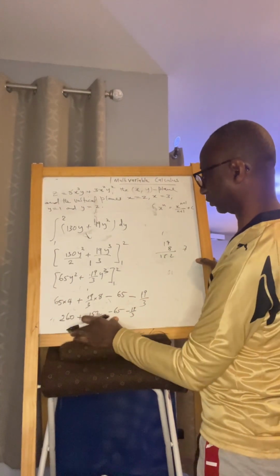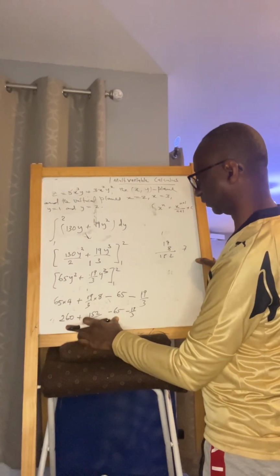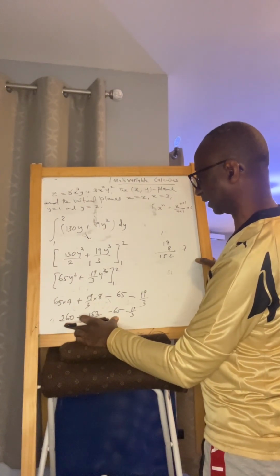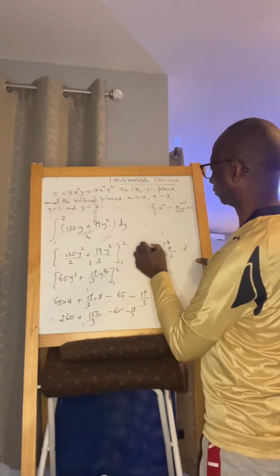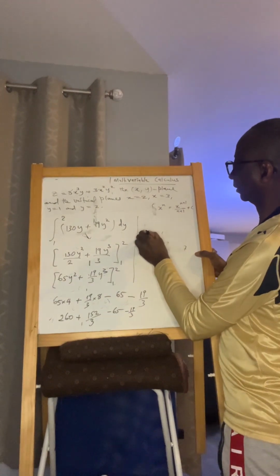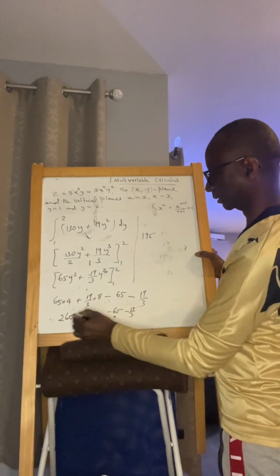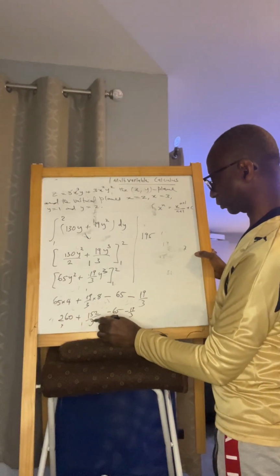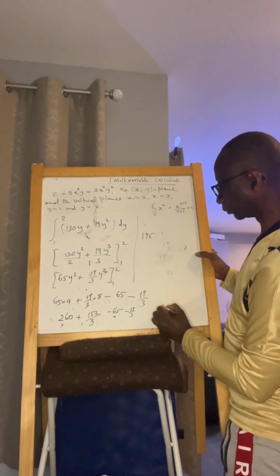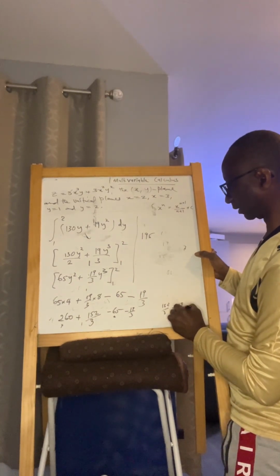So we can bring these two together, 260 and 65. This will be 260 minus 65, which is 195. So we have 195 for this one and this one, and this one 152 all over 3 minus 19 all over 3.